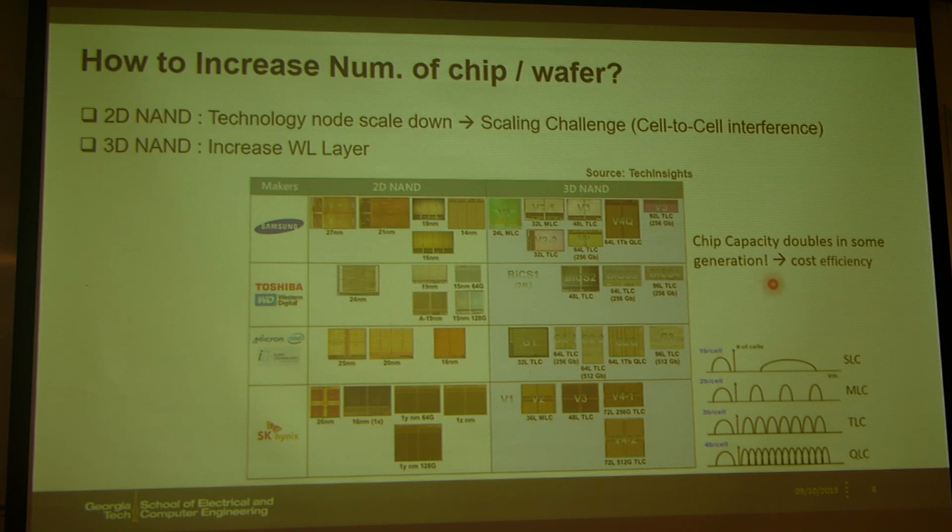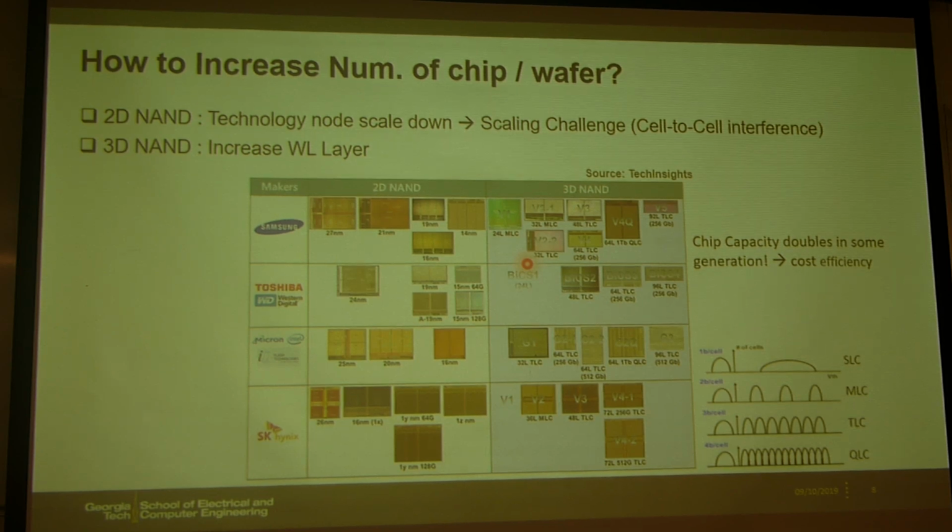The answer is cost efficiency. You can see this dark brown color. This area is called peripheral circuit. So if you increase the number of word lines, you can make the memory cell array decrease, right? But this peripheral circuit cannot be decreased.